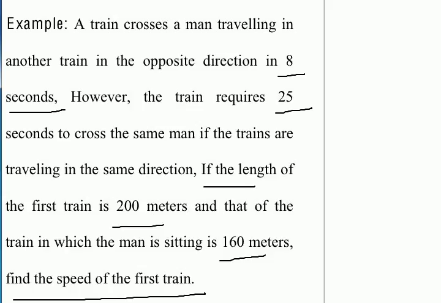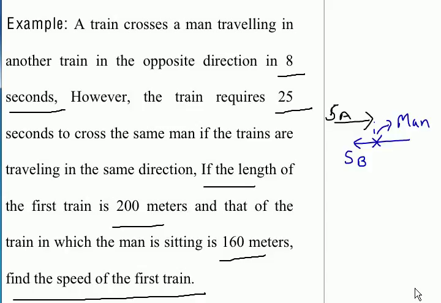So let's say this is my train 1, let's call it A. So this is my train A and has speed denoted by SA, and in the opposite direction is coming train B with a speed SB, and the man is sitting right here. So this denotes the man.